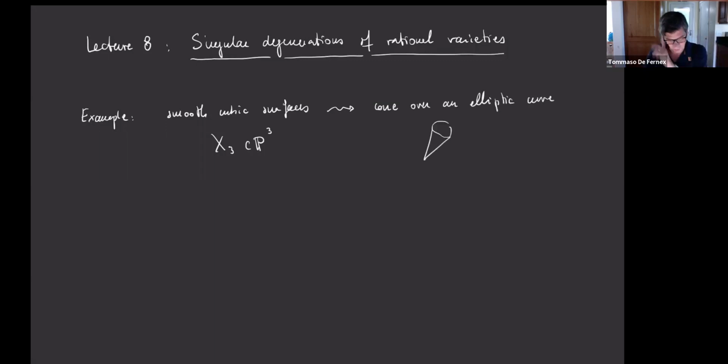And clearly, the cubic surfaces over the complex numbers are rational. But the cone over an elliptic curve E is not rational.